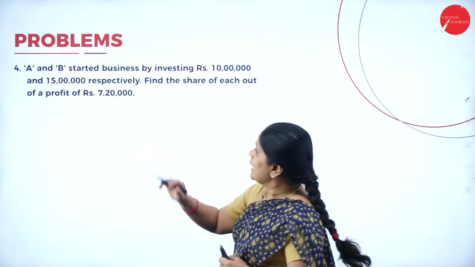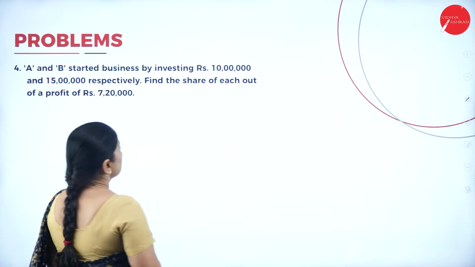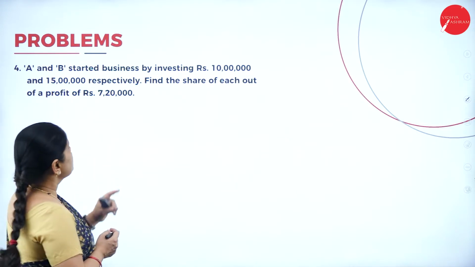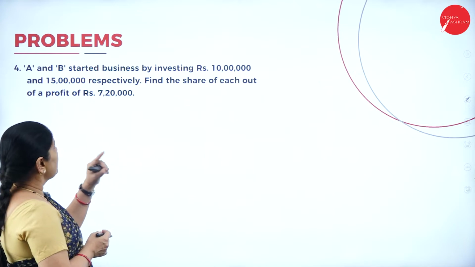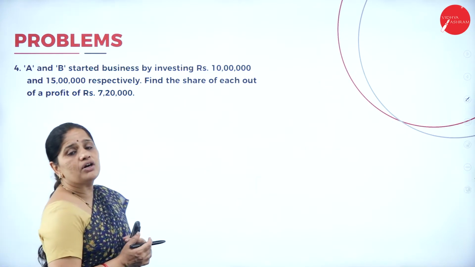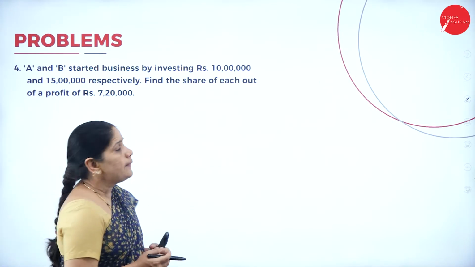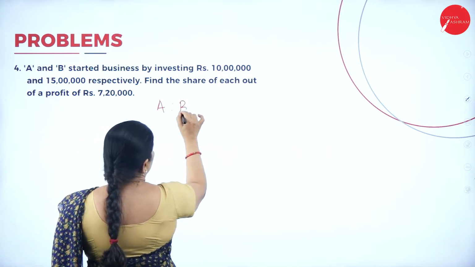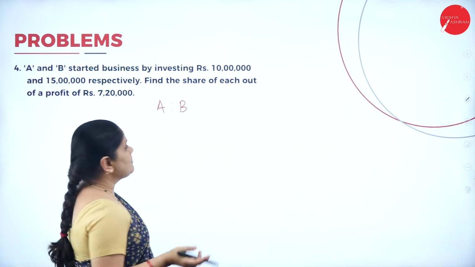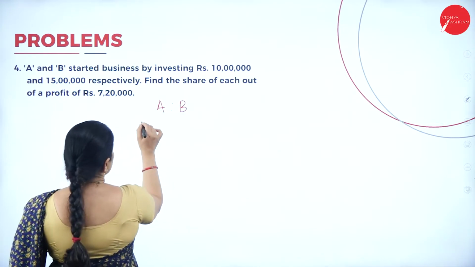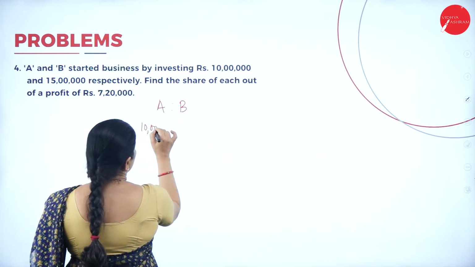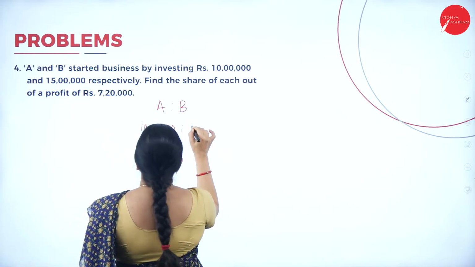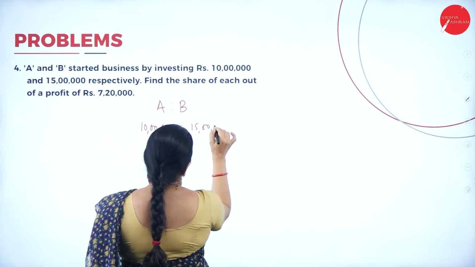Fourth problem, A and B started business by investing rupees 10 lakhs and 15 lakhs respectively. Find the share of each out of a profit of 7 lakhs 20,000. Now let us observe the investment of A and B. So investment of A is 10 lakhs and B is 15 lakhs.